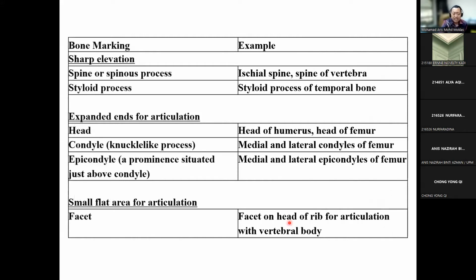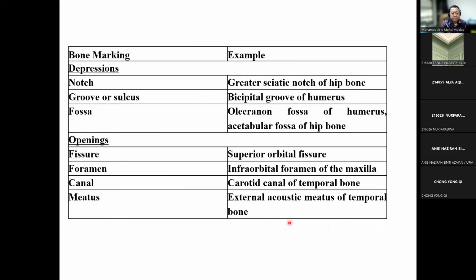Or sharp elevations, like spine or spinous process, or styloid process. Or expanded ends for articulation, like the head, condyle, epicondyle, and small flat areas for articulation, like facets. Depressions like a notch, groove or sulcus, or fossa, and then openings in the bone, like fissures, foramen, canal, or meatus.